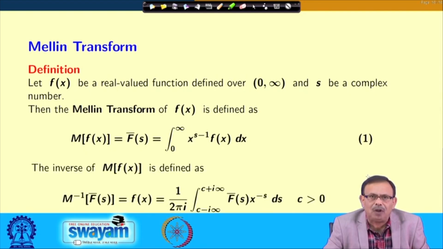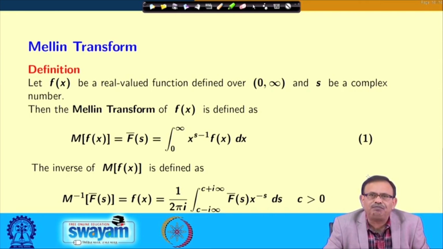Similarly, the inverse Mellin transform is defined as M inverse of F bar(s), which is equal to f(x), which equals 1 by 2 pi i, integral from c minus i infinity to c plus i infinity of F bar(s) x to the power minus s ds, where c is greater than 0.